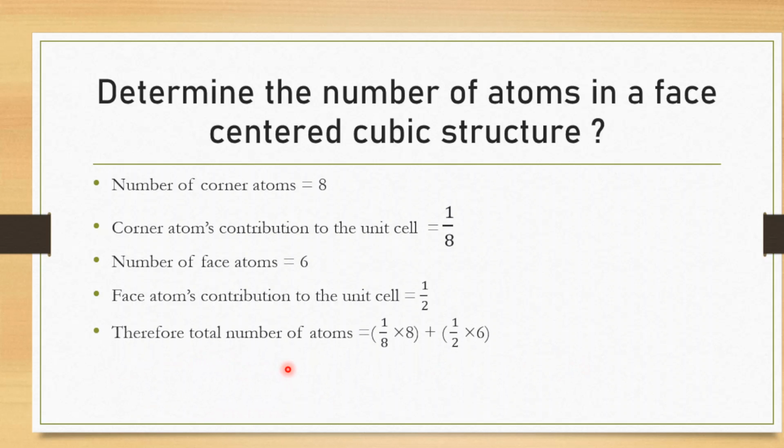Therefore, total number of atoms equals 1 by 8 multiplied by 8 plus 1 by 2 multiplied by 6. There are 6 face atoms. So the total number is 4.